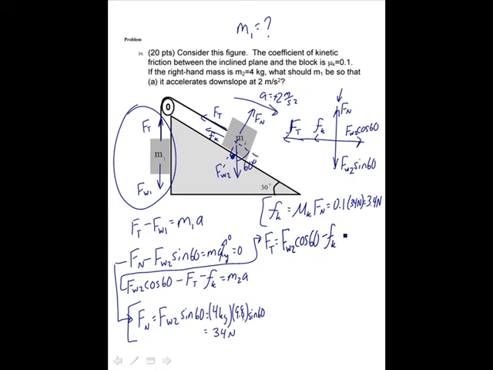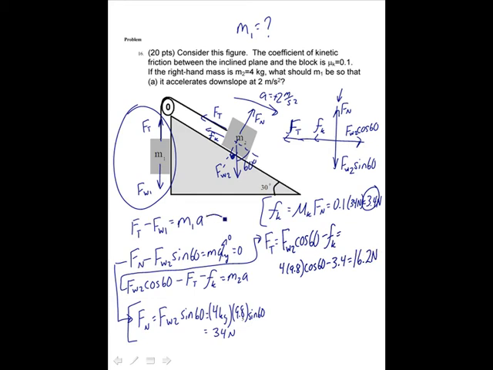And that's equal to 4 times 9.8, that's m2 times g, times the cosine of 60, minus 3.4, which I found up here. And so my tension is equal to 16.2 newtons. Alright, so now I have everything that I need.